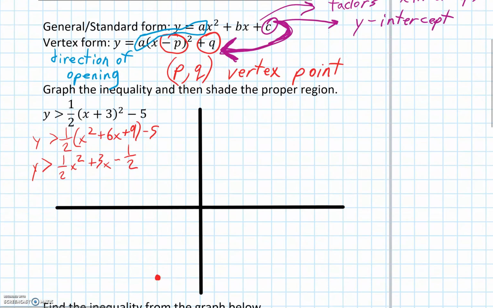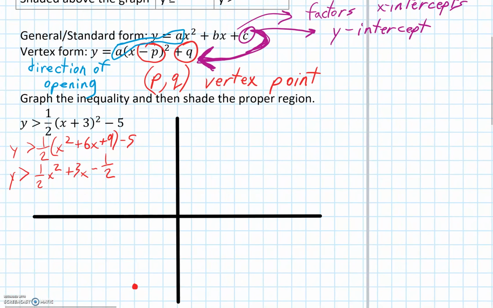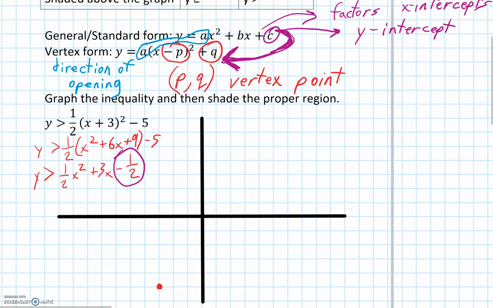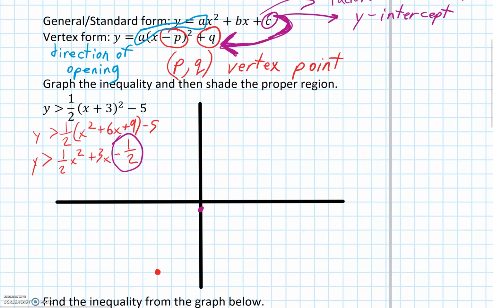If we look for our y-intercept, remember that's our c value, that's this guy. That would be right here. I don't believe we can factor this very well, but that's fine.